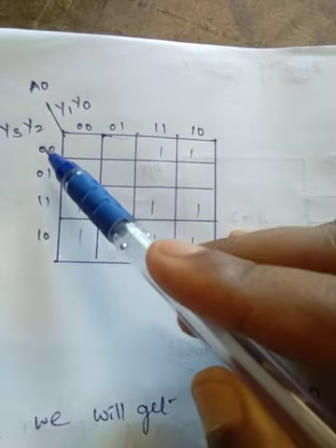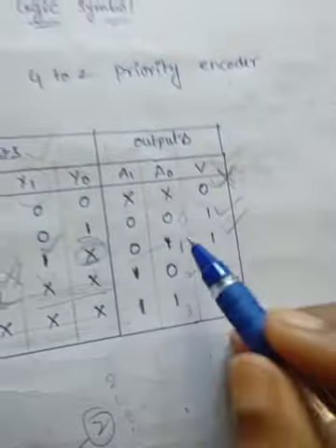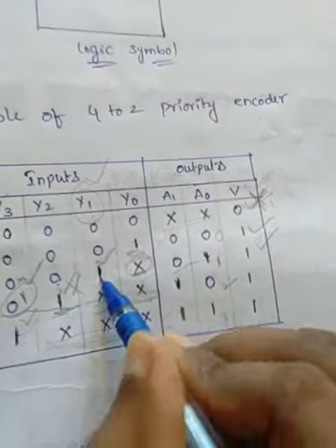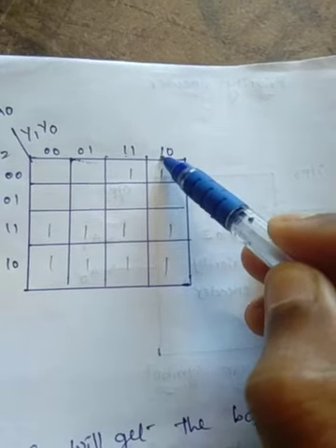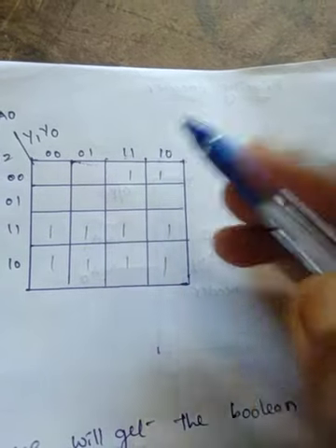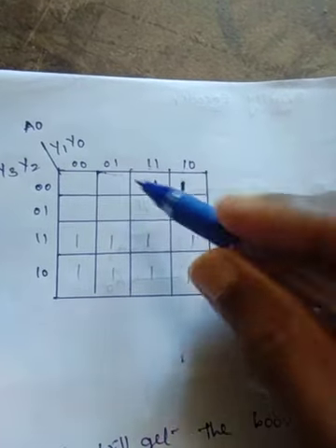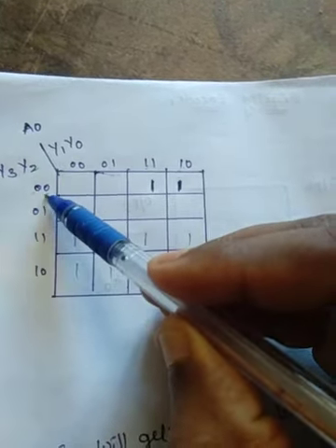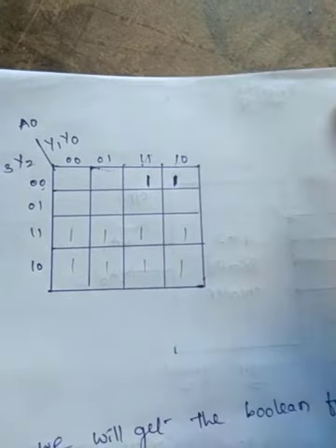So y3, y2 are zeros and only y1 is high. y1 is 1 in these two cells, so we have to place ones here. So y3, y2 are 0 0 and y1 is 1 and y0 is don't care.